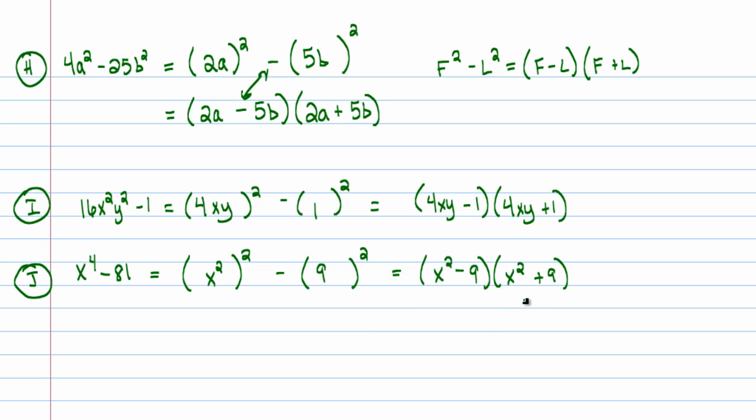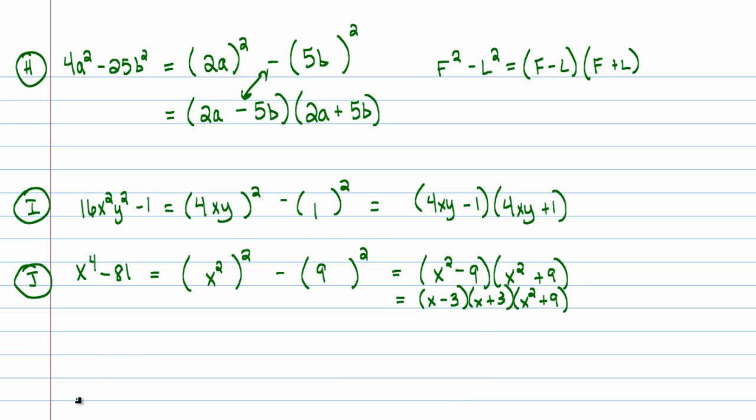And again, you rinse and repeat. In other words, you check through this to see if either of these binomials factor. And I see that the first binomial is again a difference of squares. It's an x minus 3 times an x plus 3. But the second binomial, it's just a sum of squares. There's no formula for it, so it's just prime. It's locked.